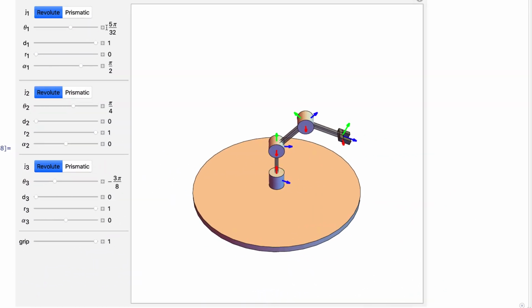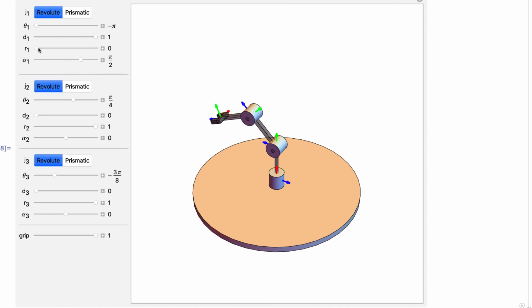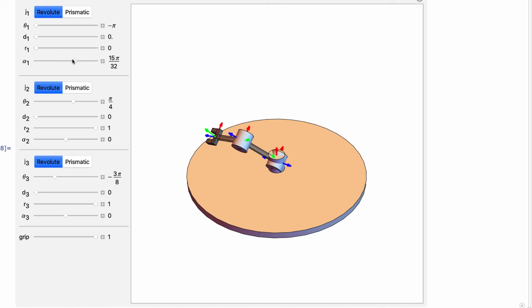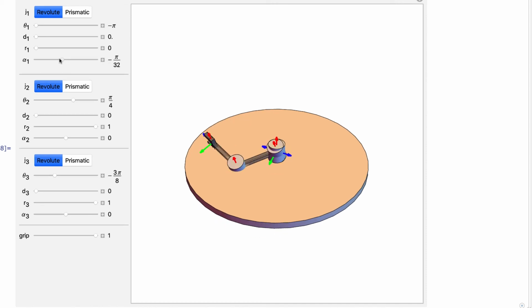The easiest way to represent this two-link robot is just to make the first link down to 0. So let's bring that to 0,0, and then we'll set our rotation to 0 as well.